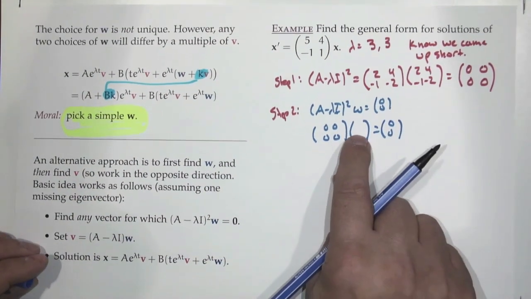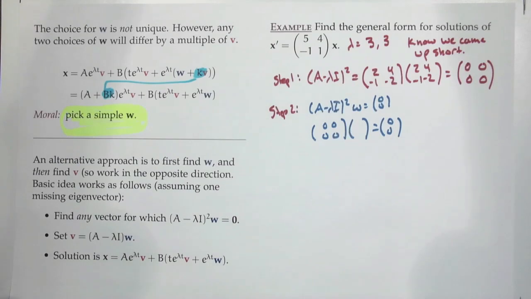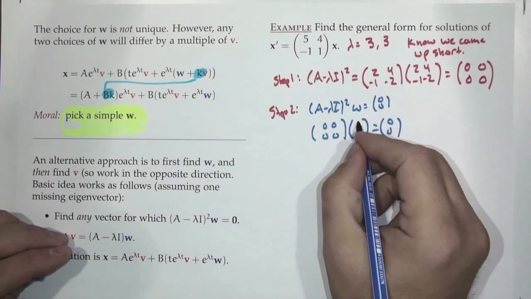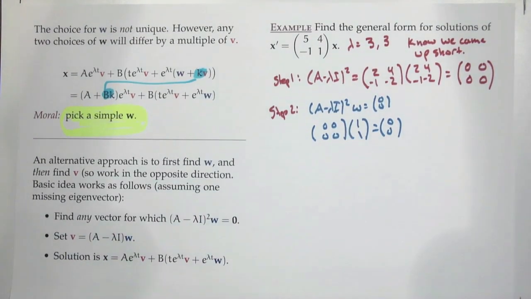Now, it can't be the 0 vector itself. So can you think of any vector such that when you multiply it by the 0 matrix, you get the 0 vector? Any vector at all, except (0, 0). (1, 1), (1, 0), (5, 2), (107). Anything, as long as it's not (0, 0), works.